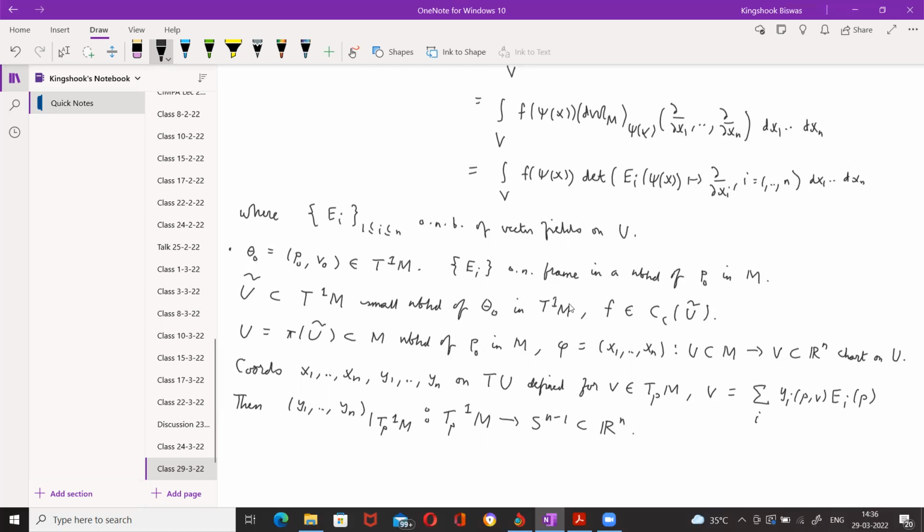Okay. So now suppose we can assume that (y1, ..., yn) of (p0, v0) is equal to, let's say the North Pole, well, it doesn't really matter what it is.